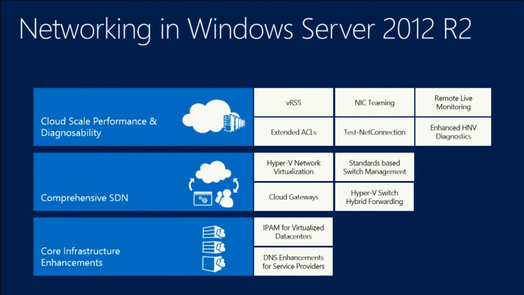The second area is SDN. We took the first step at SDN by introducing HNV in 2012, and with R2, we make it more comprehensive. And last but not least, we also invest in core infrastructure network services. That includes IPAM, DHCP. We actually had a session for that too. If you missed it, please go back to Channel 9 MSDN, and you can get that information.